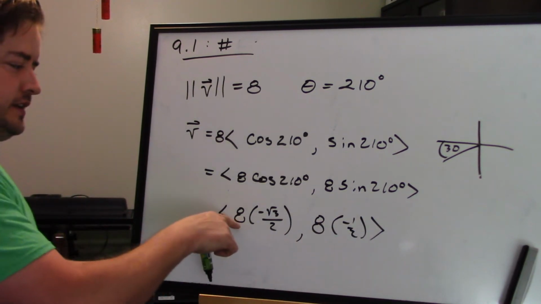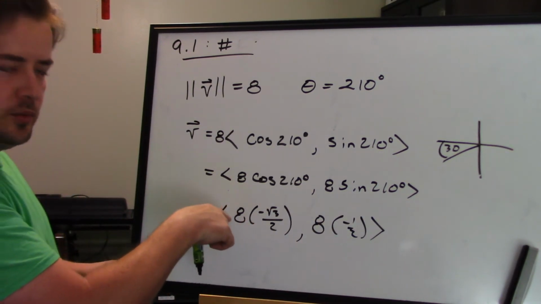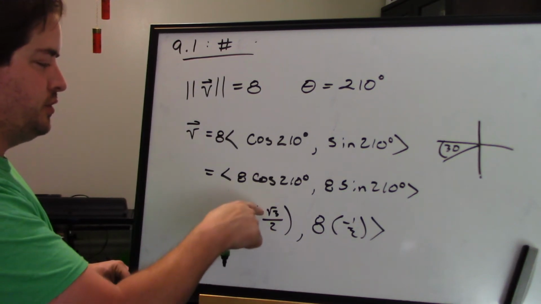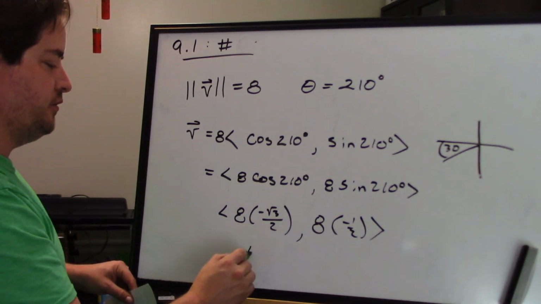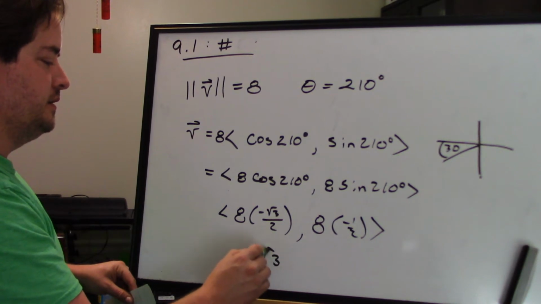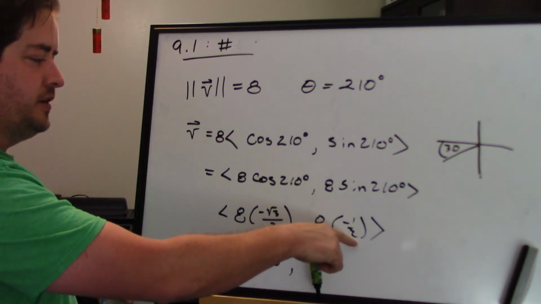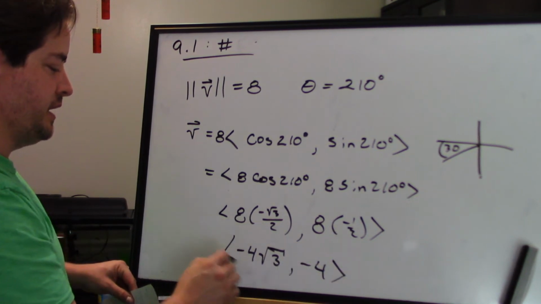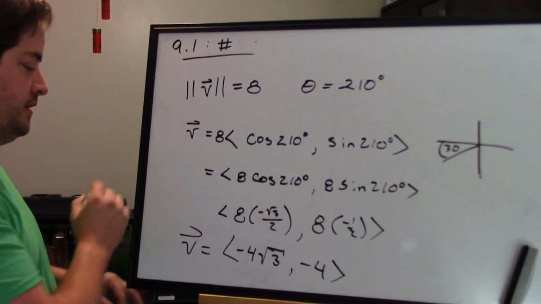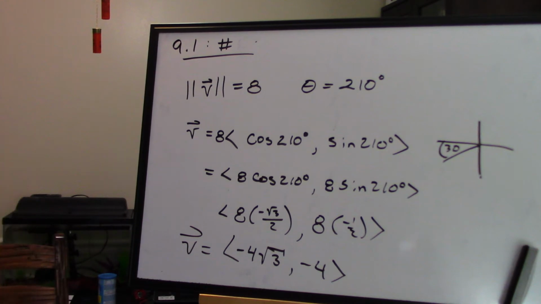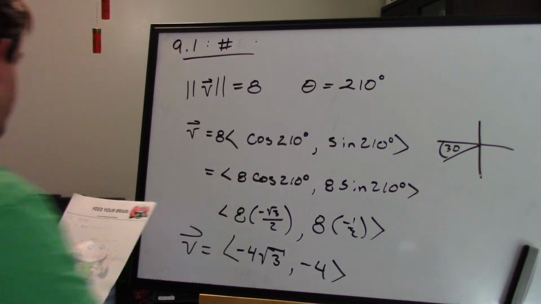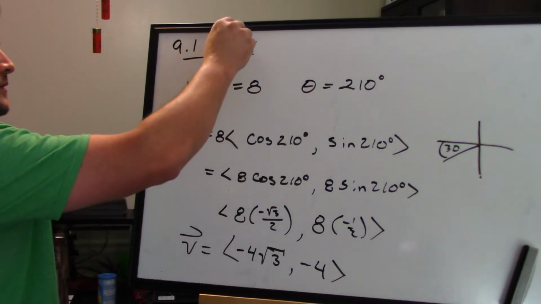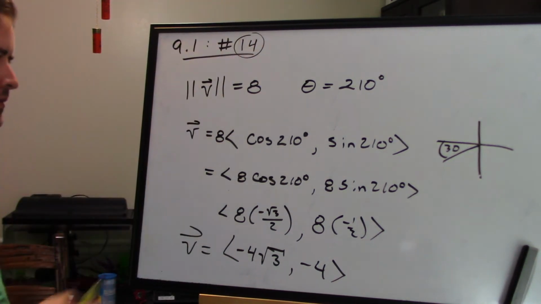So if I simplify this, the 8 acts like it's in the numerator, divides by 2 gives me a 4, times negative root 3 gives me -4 root 3. And the 8 divided by 2 is 4, and it's negative, so -4. And that's my vector v. Sorry, that was number 14. I didn't write it, but that's 14.